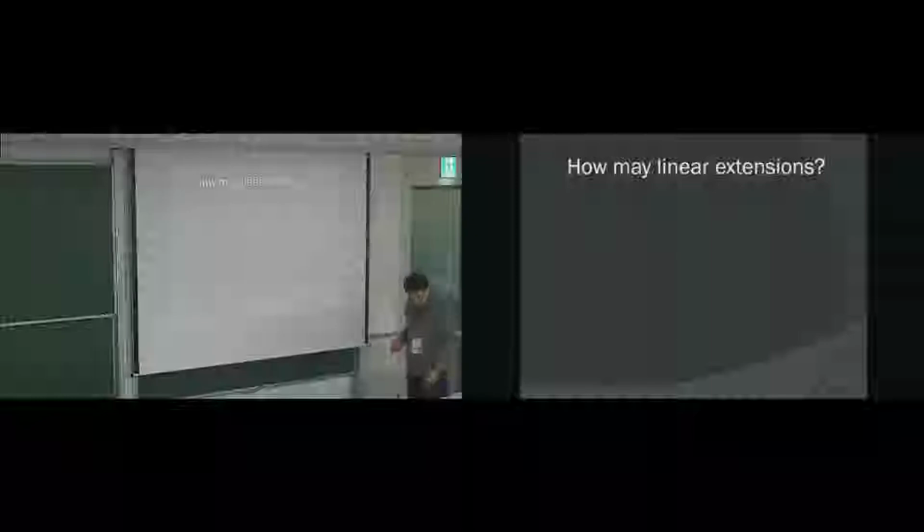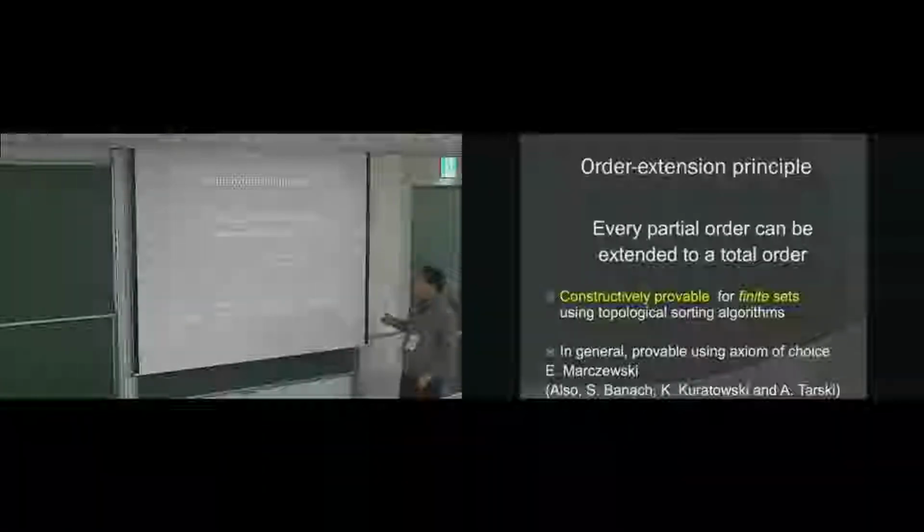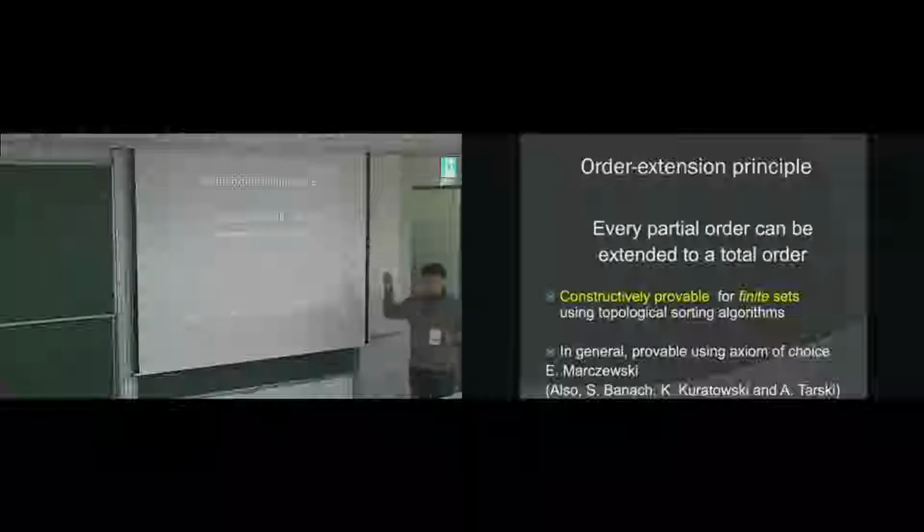The first question is: given a partially ordered set, how many linear extensions do we have? Before that, we should know there is at least one linear extension. Here is the theorem: every partially ordered set can be extended to a total order.